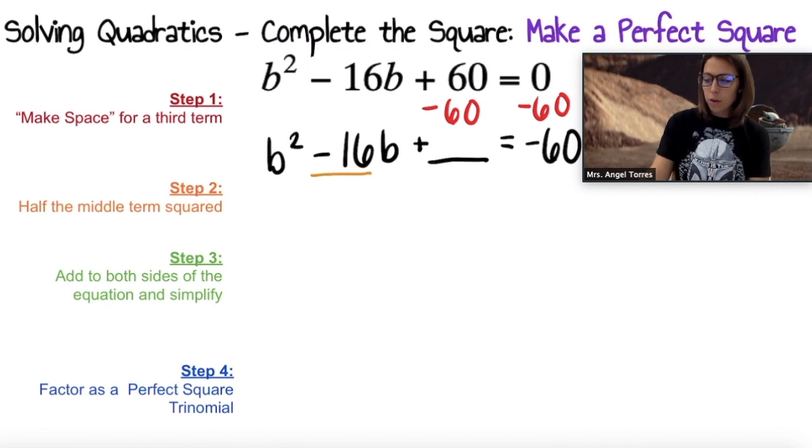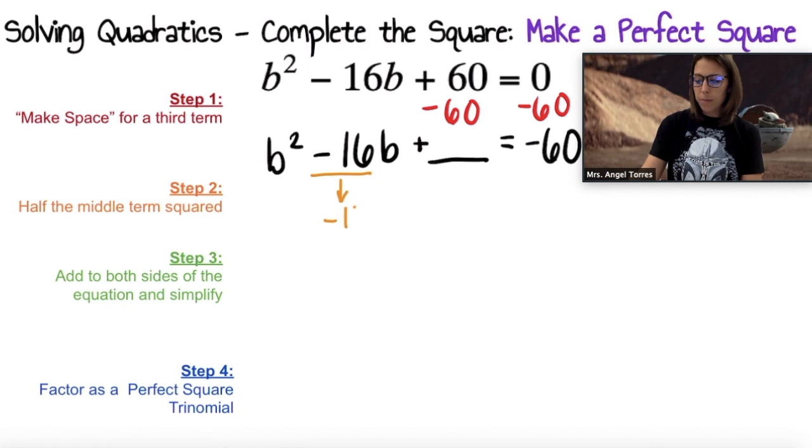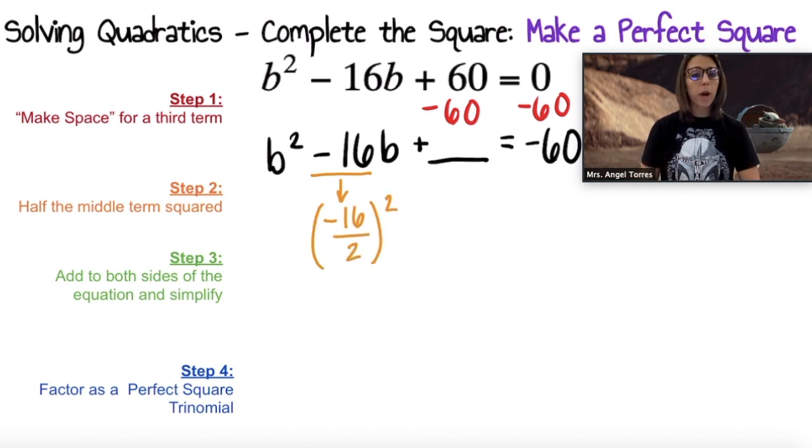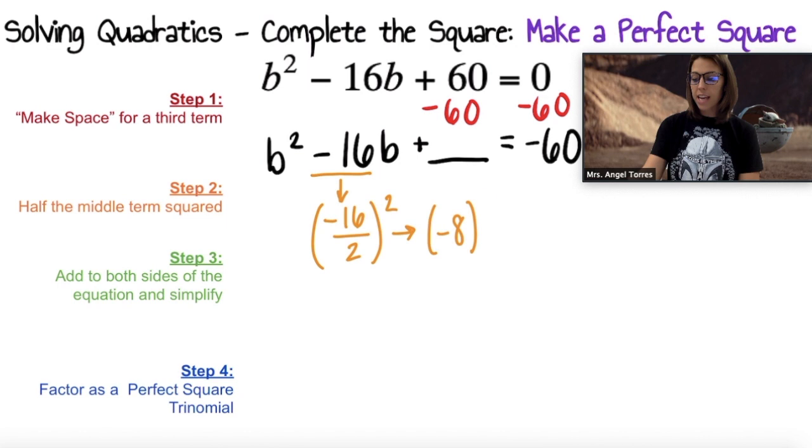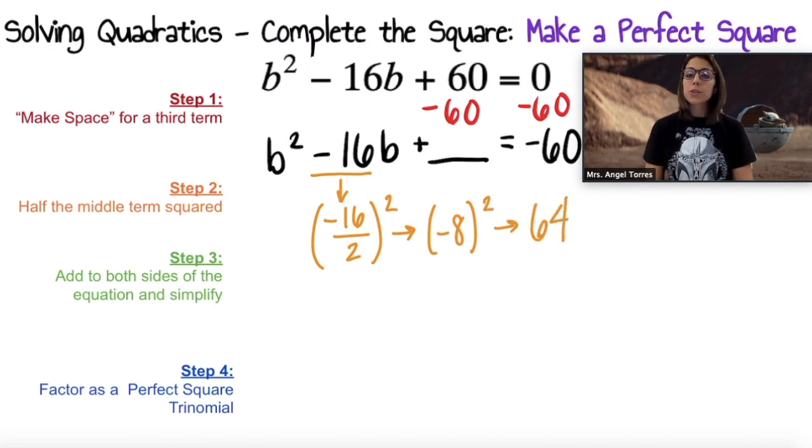You're going to grab the coefficient of the second term, negative 16. You're going to divide it by 2, and then square it. So negative 16 divided by 2 is negative 8, and negative 8 squared is 64. So 64 is the magic number that will help us complete this square.